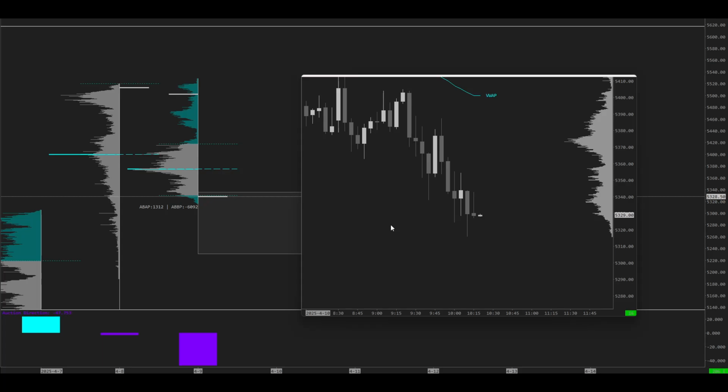Let's see if they can close slightly lower. They slammed it back down right here. That would be really nice.